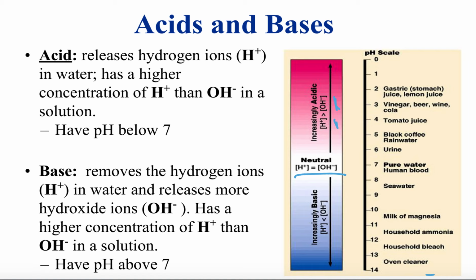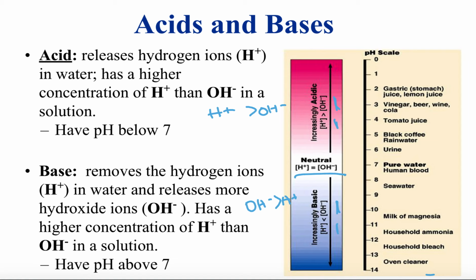A base is a substance that has a far lower concentration of hydrogen ions than hydroxide ions, so it has a much higher amount of negative charge compared to positive charge. Basically, acids have more H plus than OH minus, while bases have more OH minus than H plus.